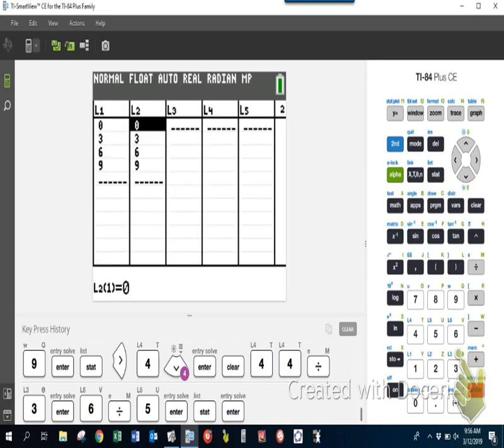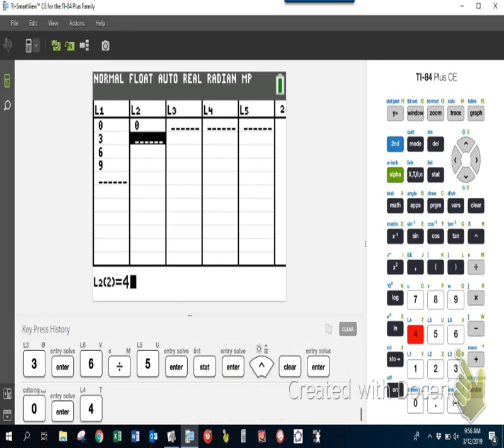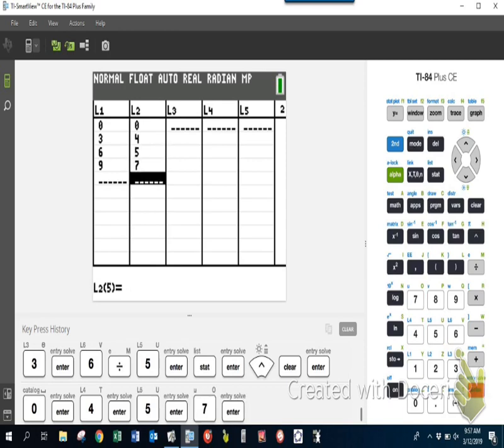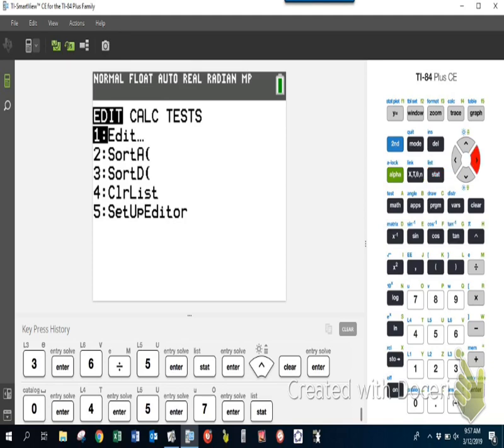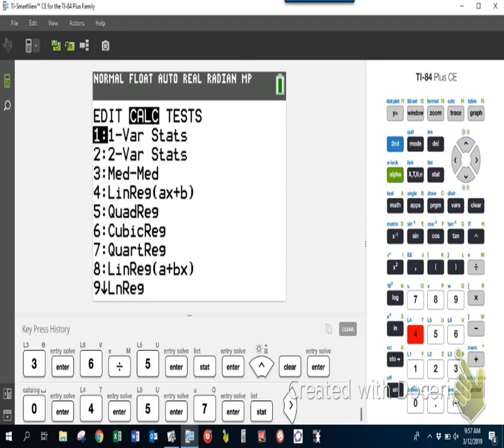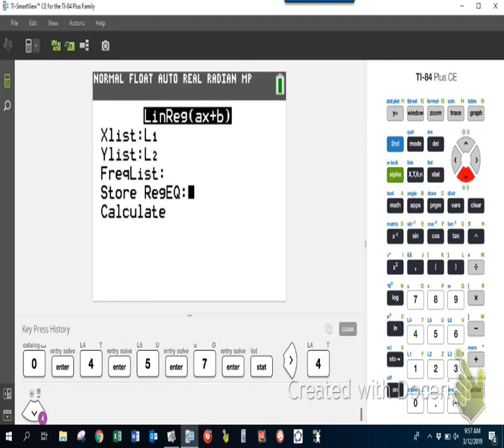So I'm going to change list 2 to my y's of 2 values. Notice the 0, 3, 6, 9 stays the same, but these values will be 0, 4, 5, 7. And I do stat, calc, number 4, the same process again except with different data.